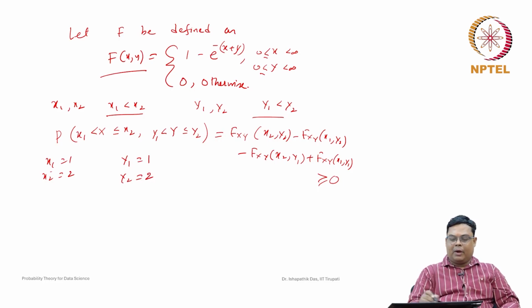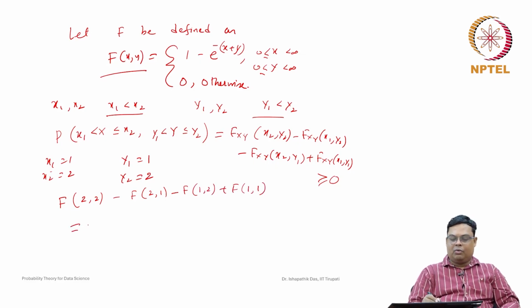So, then we have to evaluate F(x2, y2), this is nothing but F(2, 2), minus F(x2, y1), which is F(2, 1), minus F(x1, y2), plus F(x1, y1). So, what will be the values?